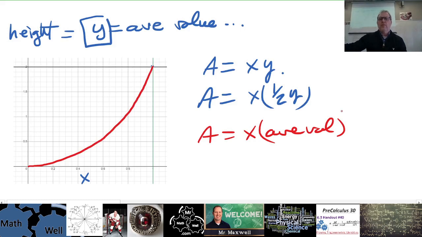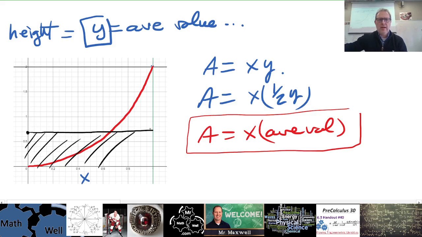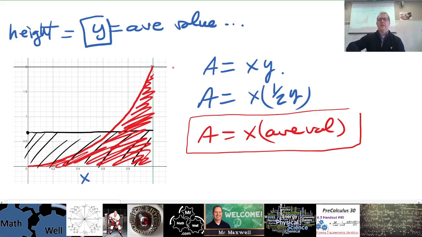And so if we kind of consider this, the area underneath the graph is x times the average value of the function, then that would mean that the average value, which is about here, I could draw a rectangle and look at this area and look at the area that would be underneath this red curve. And yes, those areas are the exact same.